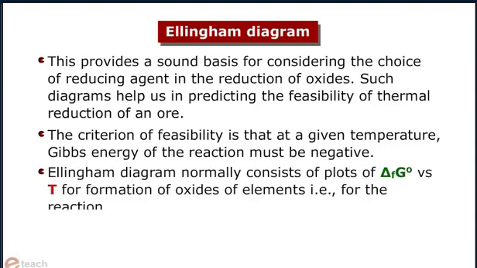The Ellingham diagram normally consists of plots of ΔfG° versus T for the formation of oxides of elements, that is, for the reaction 2xM(s) + O2(g) → 2MxO(s).